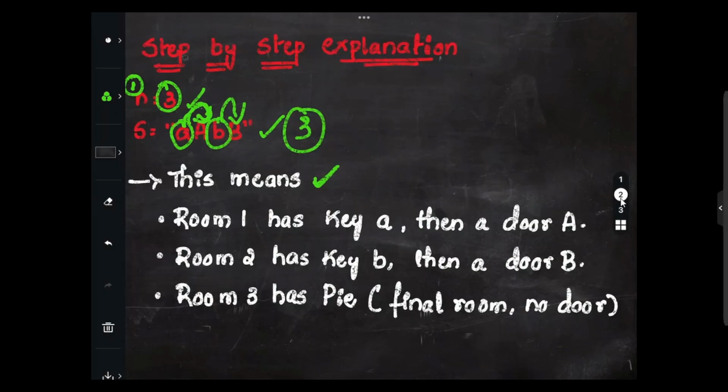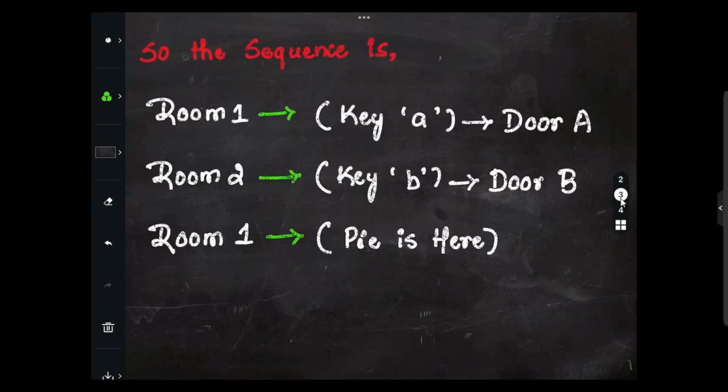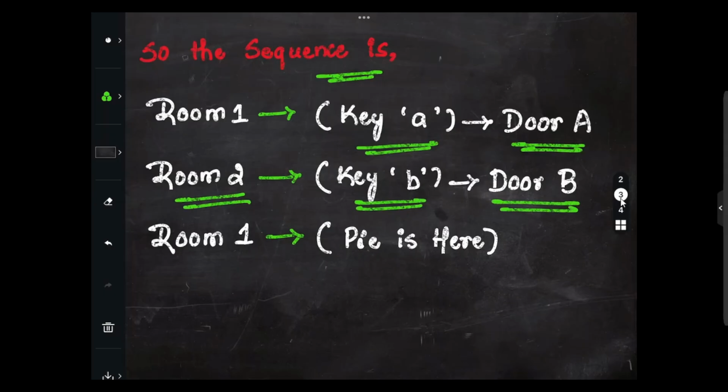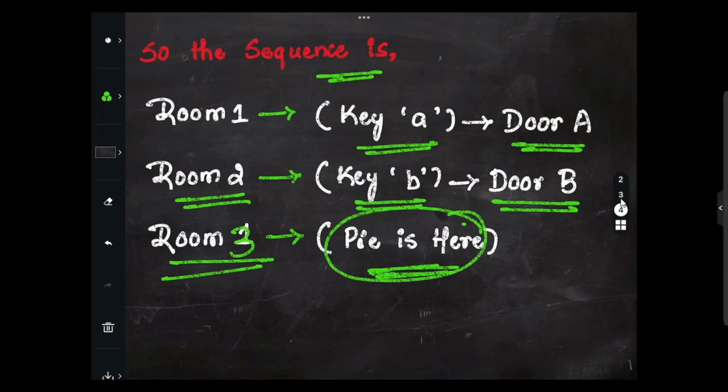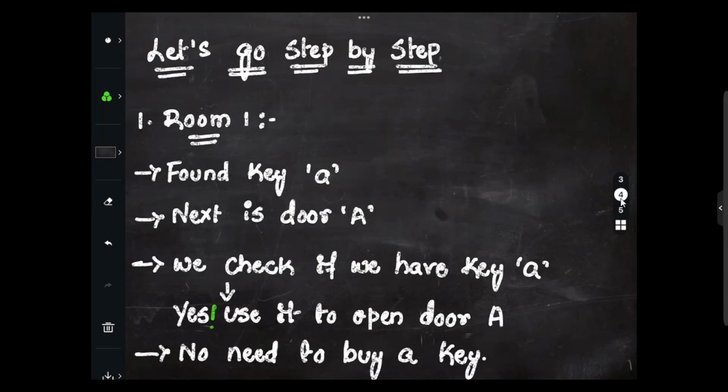So we can reach room 3 without buying any keys, right? So the sequence is as follows: room 1, key A, door A; room 2, key B, door B; then room 3. Sorry, this has to be room 3 basically. Room 3, the pie is basically kept here, right? The final one. So let's go step by step here.